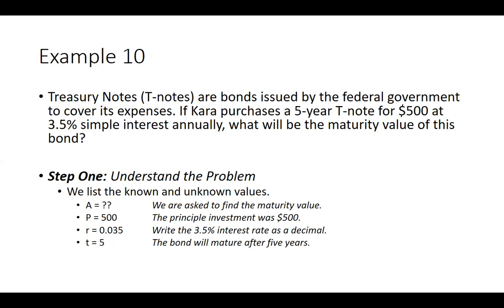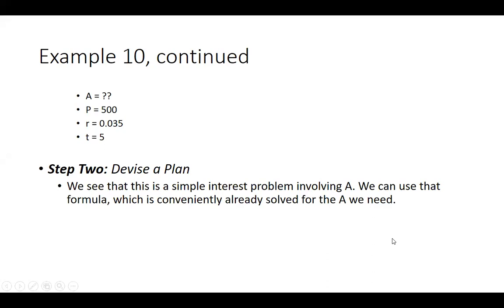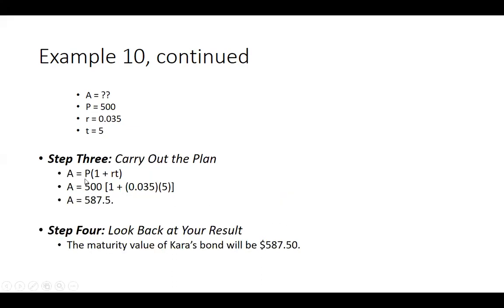And T, the time in years, is 5 years. It is a 5-year T-note. We can see that this is a simple interest problem involving A. We can use that formula, which is conveniently already solved for the A we need. So once again, A equals P times 1 plus RT.